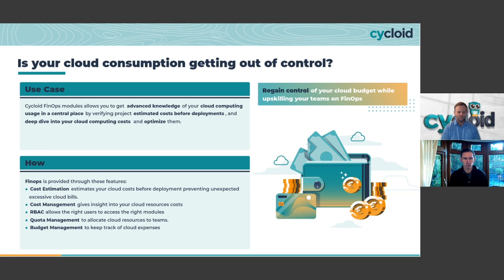And then there is also, for private cloud, quota management, because obviously automation is great, but you don't want it to be open bar, open to anyone. You need to have some sort of control. That's what budget management is doing for public cloud, and that's what quota management is doing for private cloud.